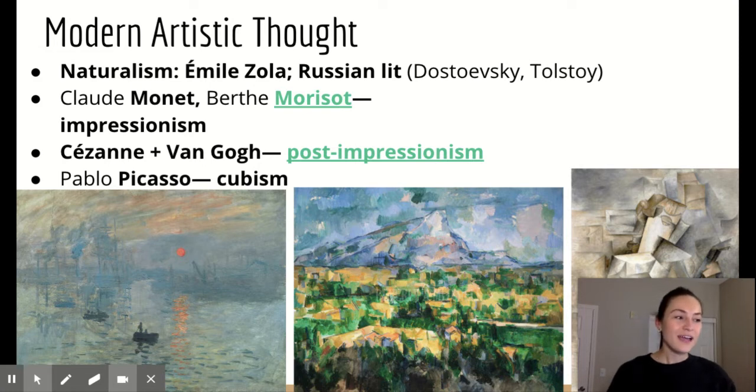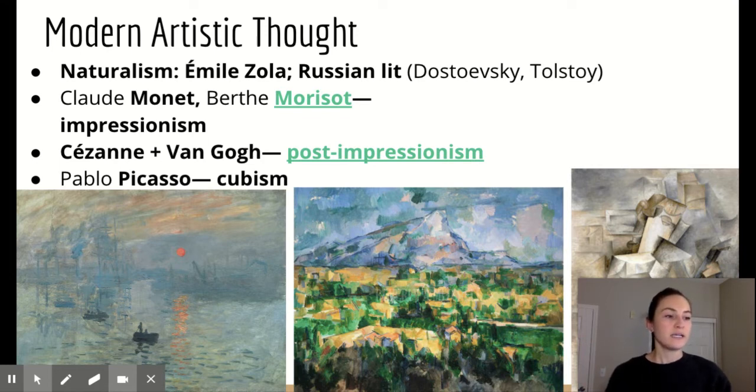Anyways, I want to quickly move on here to talk about visual art. This is the era of Impressionism. Impressionism in visual art, you can see the paintings on the bottom. That would be on the bottom left. That is going to be an example of Impressionism. Impressionism gets its name from Claude Monet, who named one of his paintings Impression.